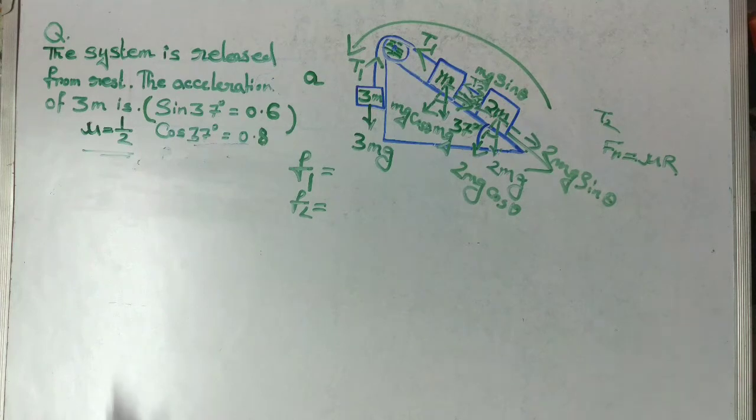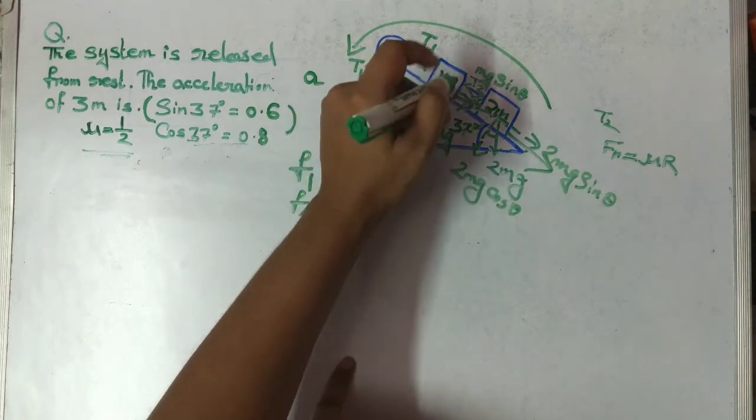And if there is a weight of mg cos theta on the inclined plane, the inclined plane also will have a reaction force. So we have a reaction force of mg cos theta on the opposite side.